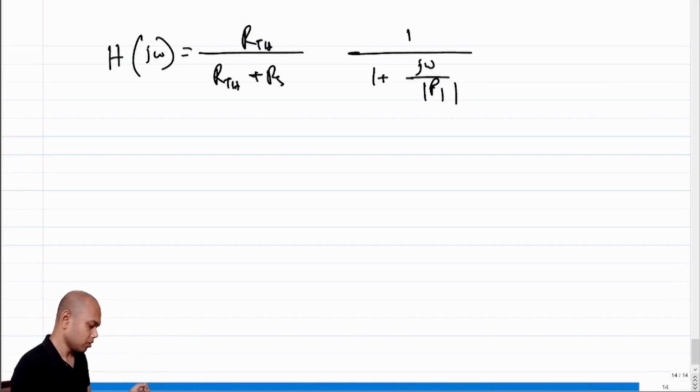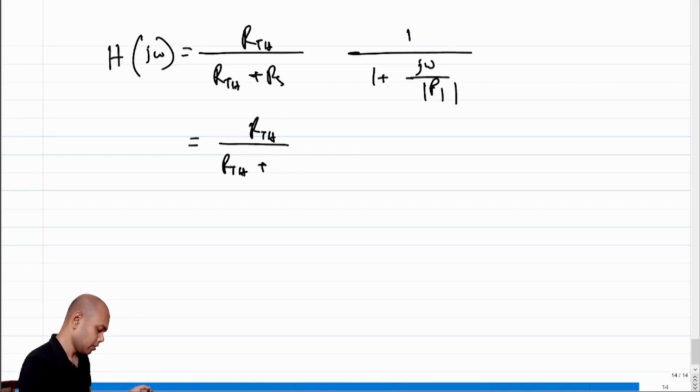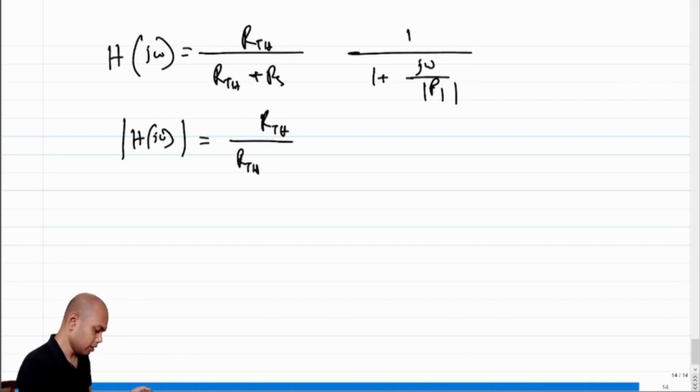So let me simply say, what is the mod of H(j omega)? Mod of H(j omega) is RTH by RTH plus RS.